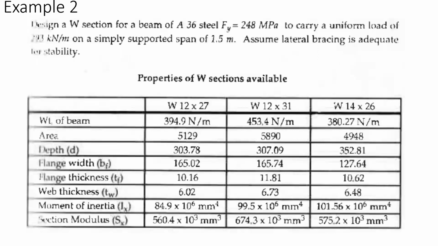Design a W section for a beam of A36 steel with Fy equal to 248 megapascal to carry a uniform load of 293 kilonewton per meter.